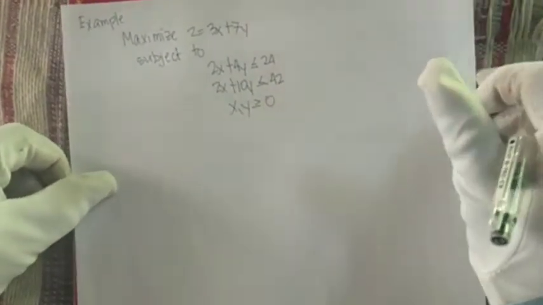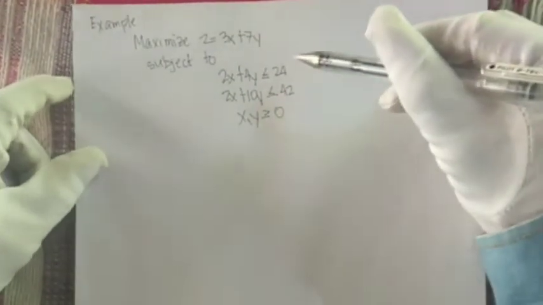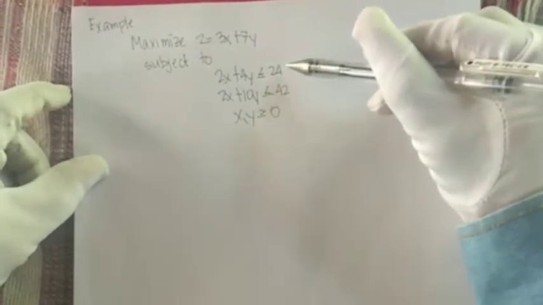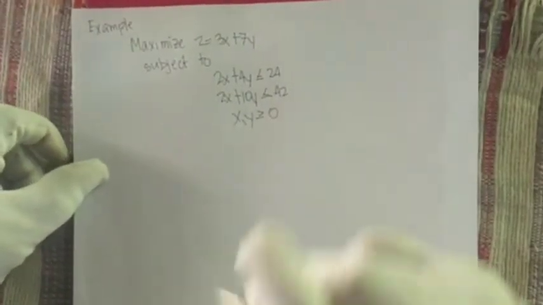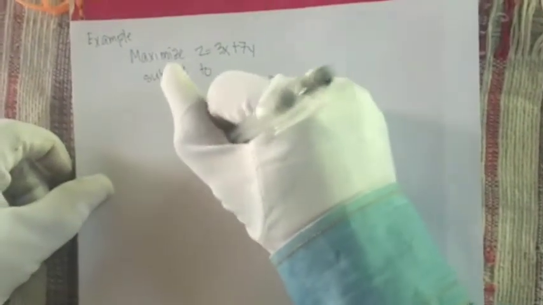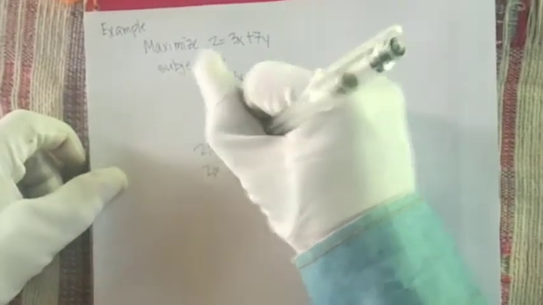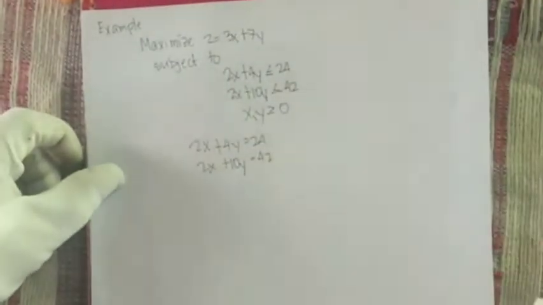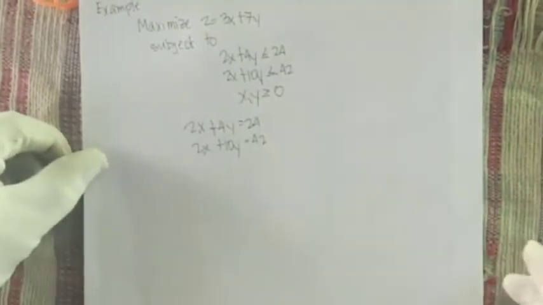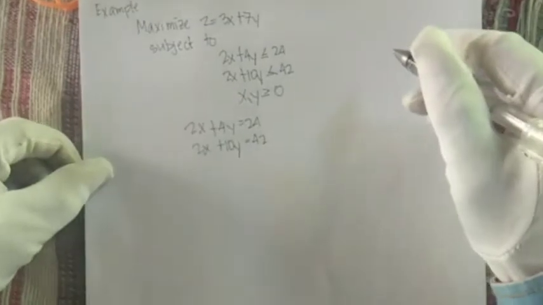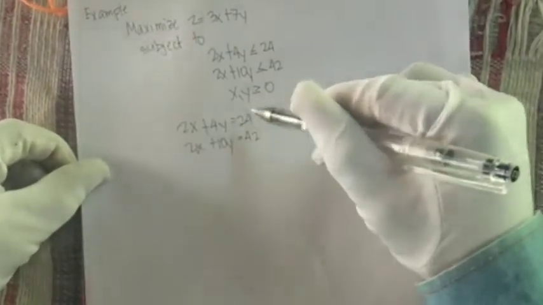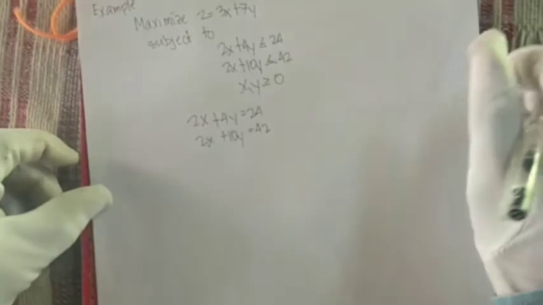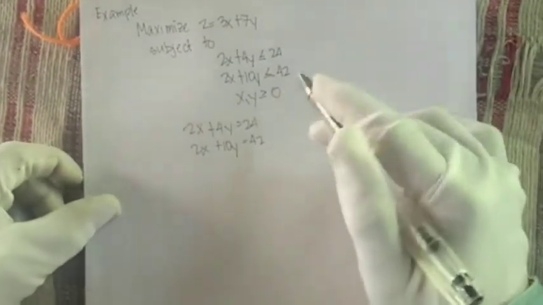are our decision variables. First, we convert these constraints to equality form. So 2x plus 4y equals 24. And then the next constraint is 2x plus 10y equals 42. Before getting the coordinate points of these, we must solve for the x and y of each constraint.